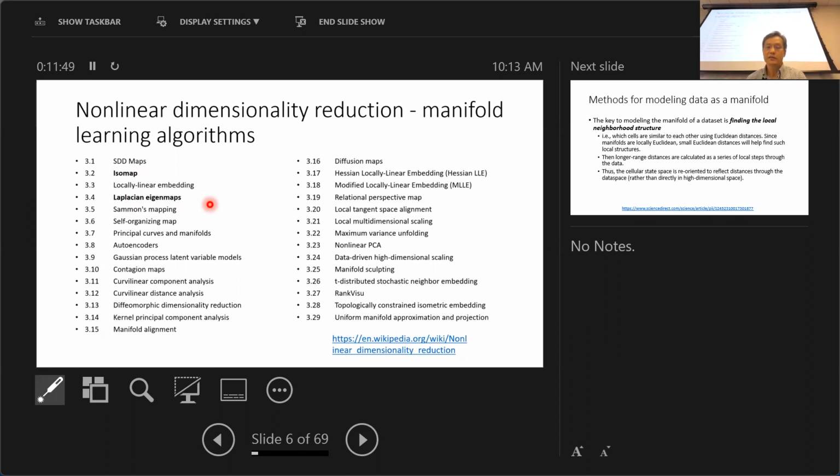There are many others as well. And this one actually is UMAP, uniform manifold approximation and projection. When we use UMAP, we haven't mentioned manifold yet, but the concept is all in the data scientist's mind. And the kernel PCA.